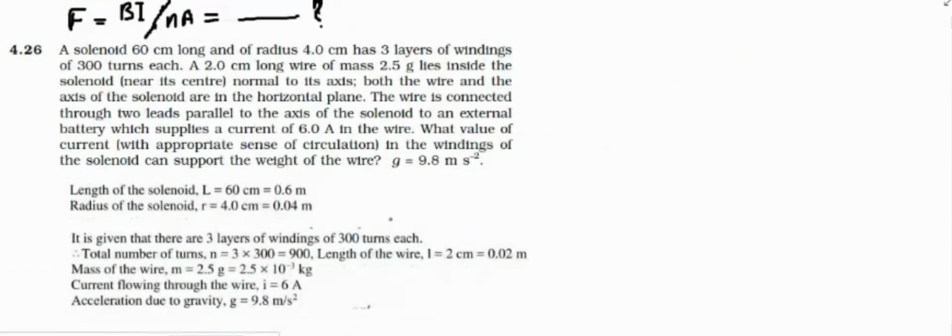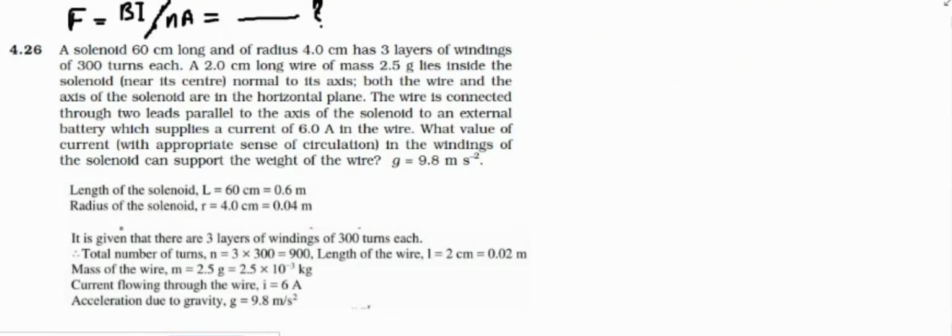Now, question number 26, a solenoid 60 centimeter long and of radius 4 centimeter has three layers of windings of 300 turns each. So total we have 900 turns. A 2 centimeter long wire of mass 2.5 gram lies inside the solenoid normal to the axis.